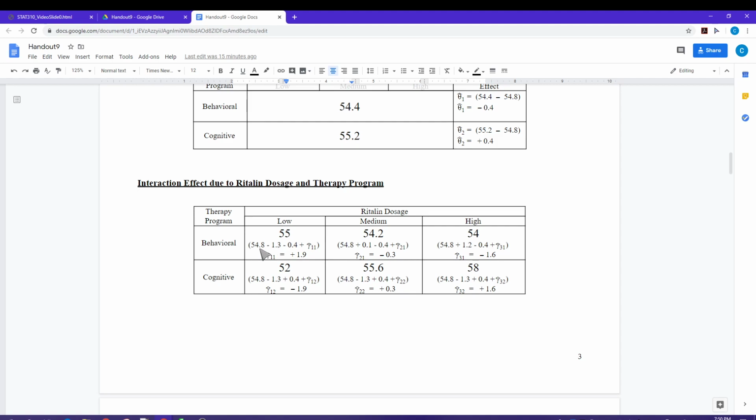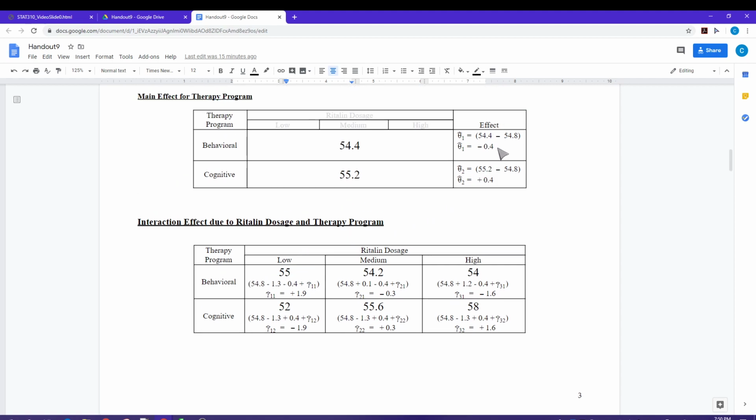1.3. Now I'm also in the behavioral therapy program here. So what's the effect due to that? That was a negative 0.4 up here. So 54.8 minus 1.3 minus 0.4. Take those quantities, and I'm going to be under 55 because I'm subtracting here. How much are you going to be under? 1.9.